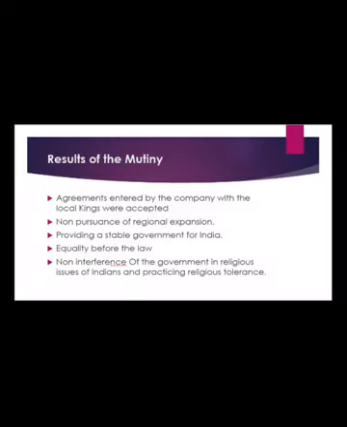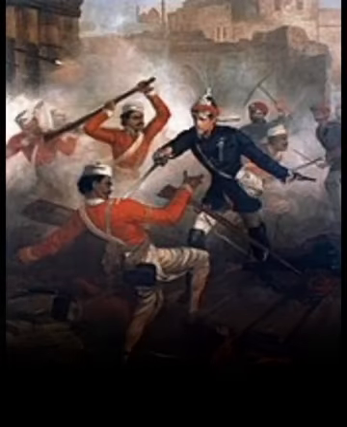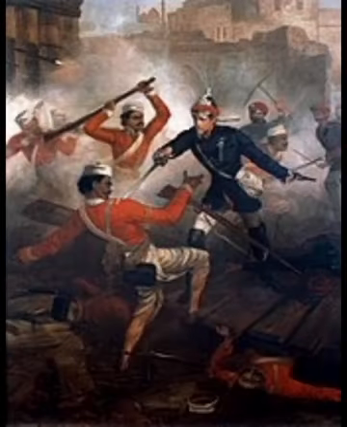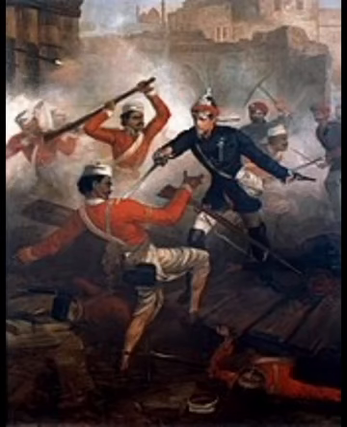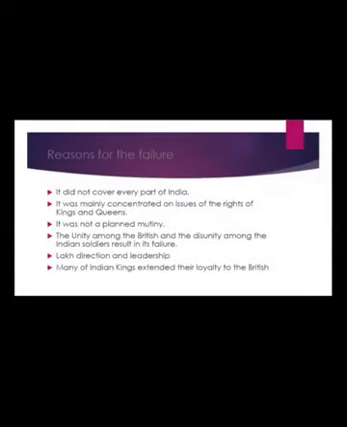Dear students, now let us discuss the results of this war. The rule of the East India Company came to an end and it went under the control of the Secretary of Indian Affairs of the British Parliament. The Queen of Britain passed a declaration in 1858 which transferred all the powers of the East India Company to the British Parliament.